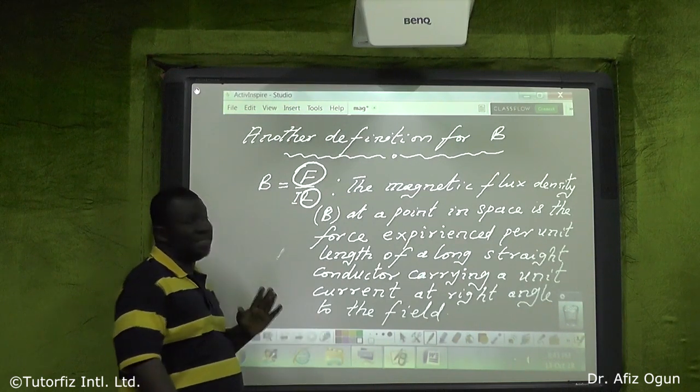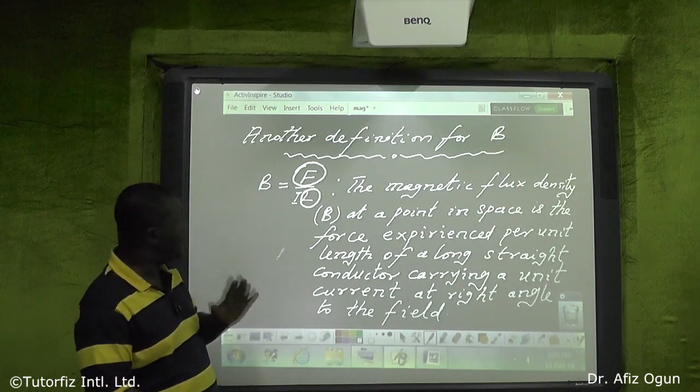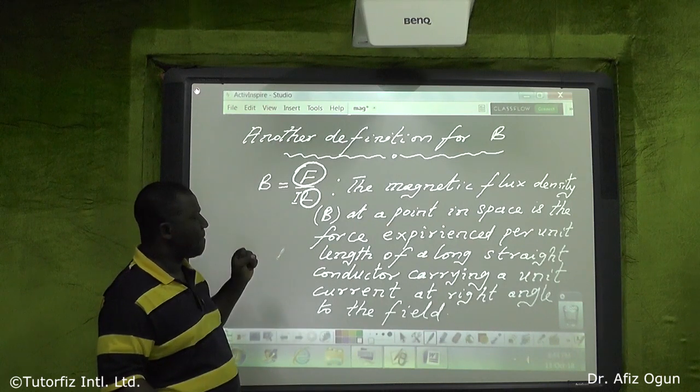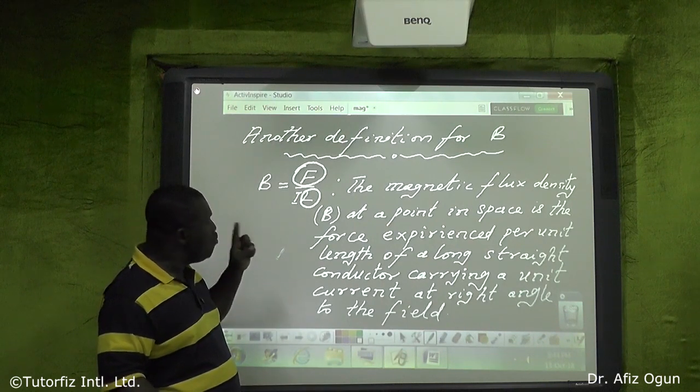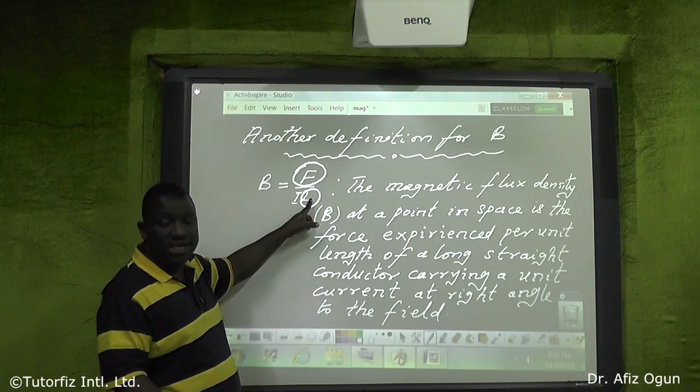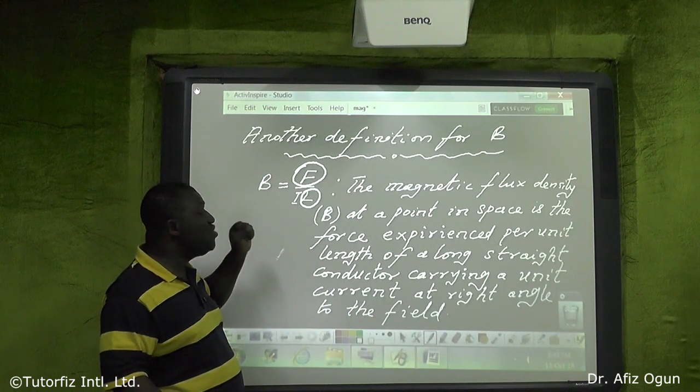So B, the magnetic flux density, can also be defined as the force experienced per unit length of a long straight conductor carrying a unit what?